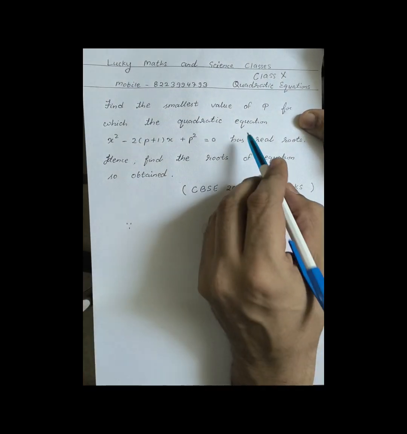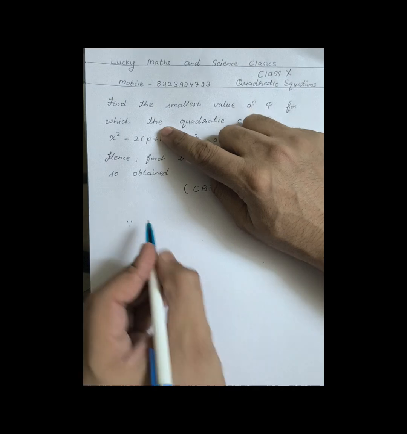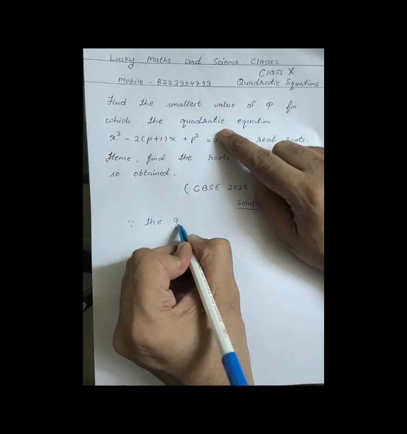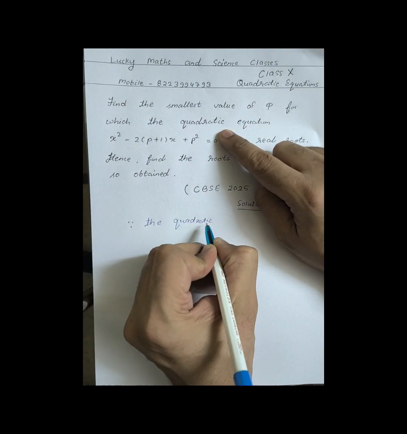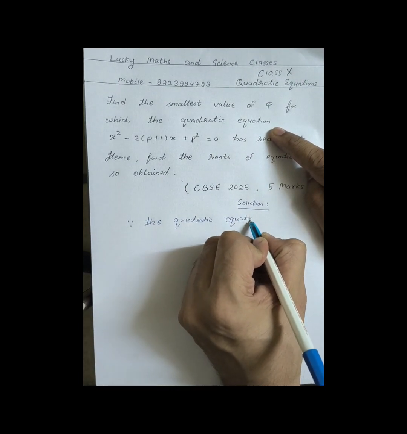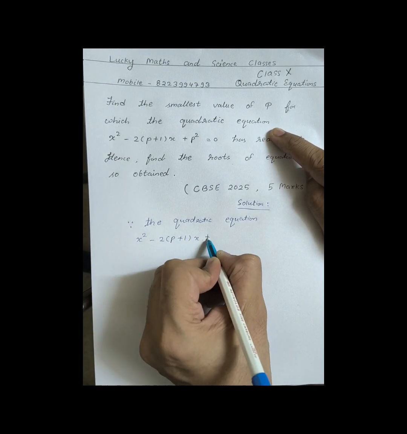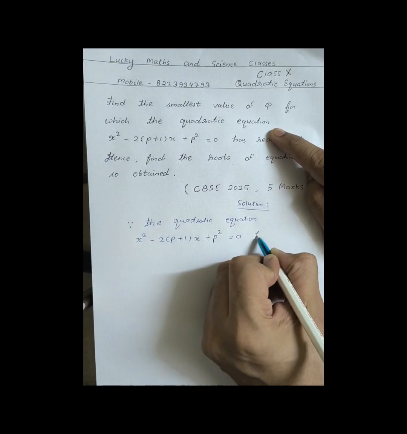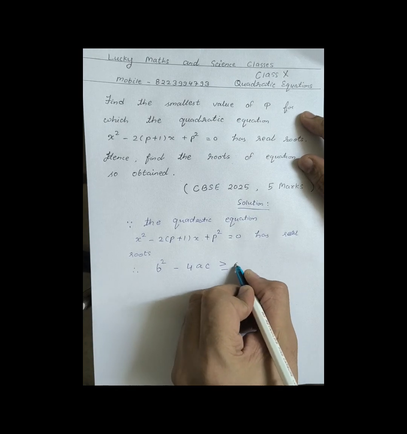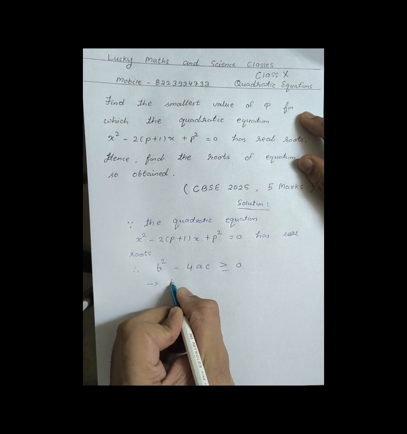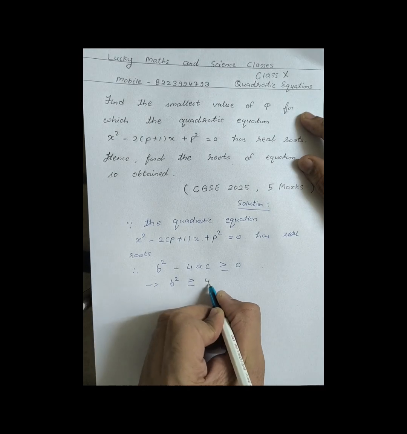Since the quadratic equation x square minus 2(p plus 1)x plus p square is equal to 0 has real roots, therefore b square minus 4ac must be more than or equal to 0. We can write b square must be more than or equal to 4ac.